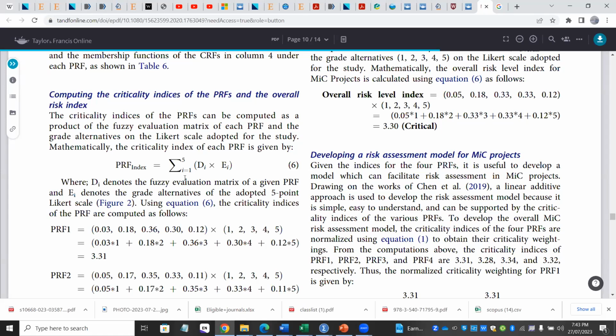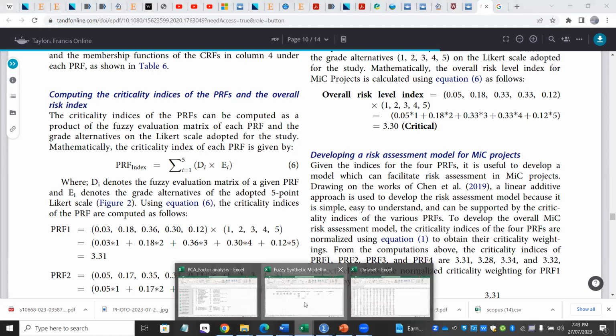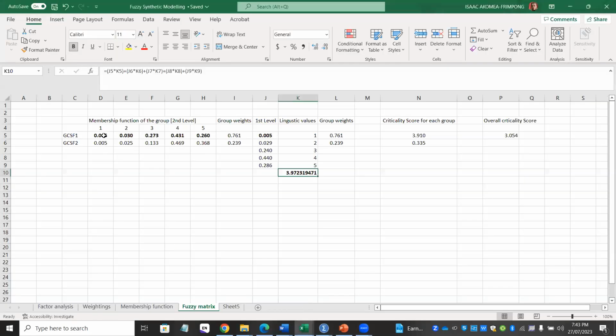I can also do the same. It's very simple. Let me show you. If I want to do this, all I have to do is multiply this by 1, plus this by this, plus this by this, plus this by this, plus this by this. Let's take group 1.